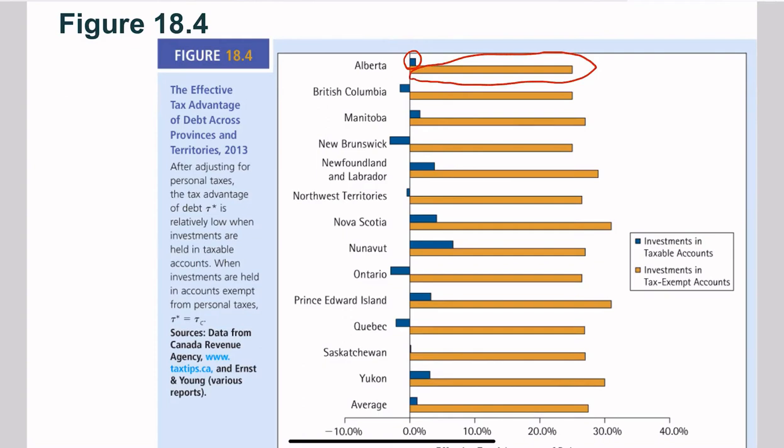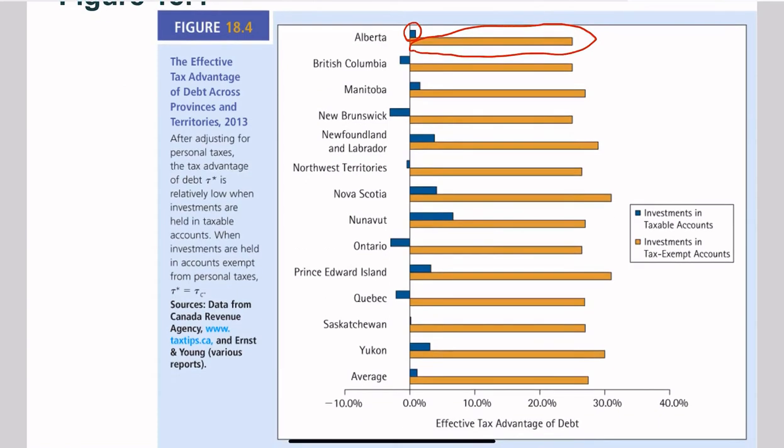You can see that the difference is really huge, right? For each province, if you don't consider the effect of personal taxes, the average benefit of debt is around 30%. And after thinking about personal taxes, these numbers generally become very small, right? Less than 5%.